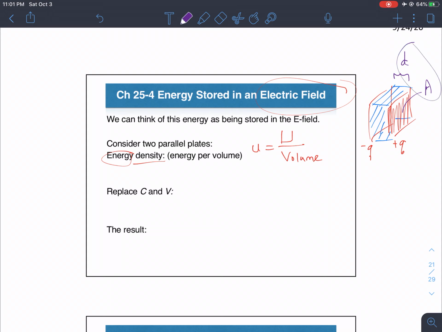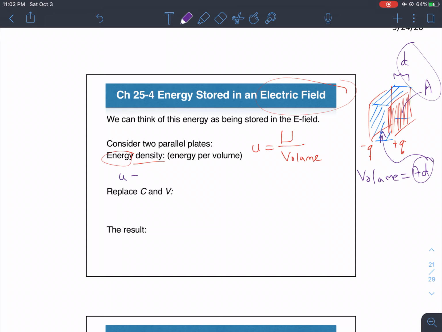So that volume is simply, I want to write "volume" because I don't want you to think that V is the potential or voltage. So volume is A times D, and that is the volume where the spacing between the plates is.